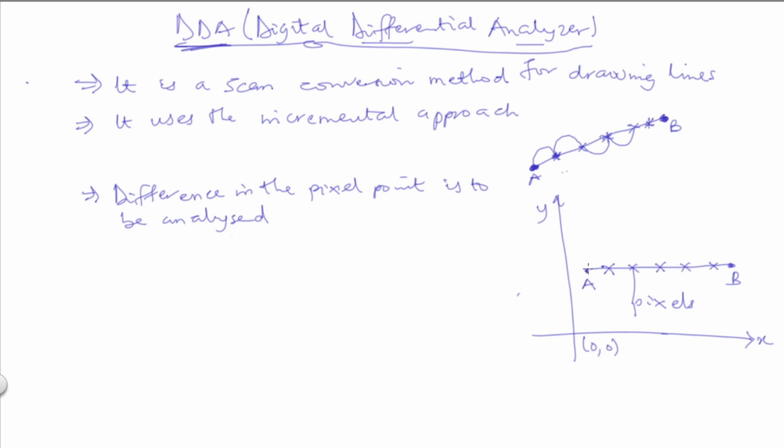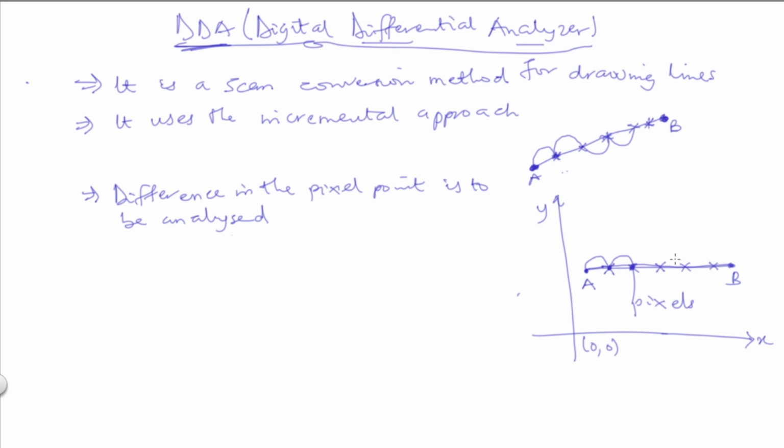So now the difference in each pixel needs to be analyzed to help us draw the straight line. The difference between this pixel and this pixel needs to be analyzed. This pixel and this pixel also need to be analyzed. And when that is done, we will be able to create the line segments fully using this algorithm.